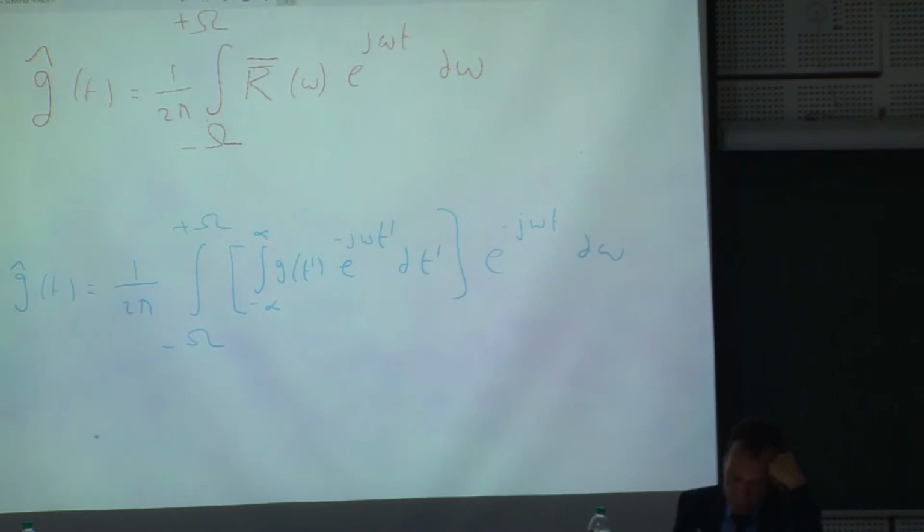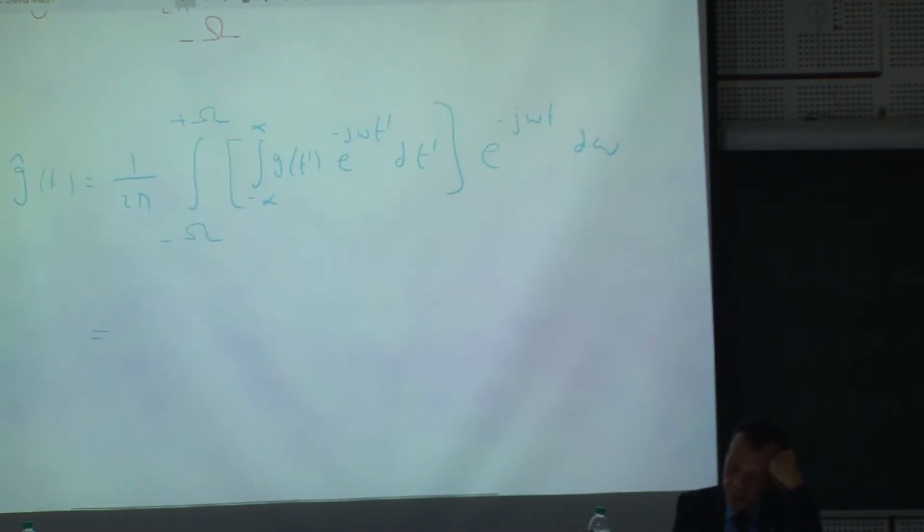Now you may exchange the two integrals, because you have now two integrals. You can say, okay, I'm actually integrating from minus infinity to infinity t dash, g of t dash, and I have here this form, 1 over twice pi integral from minus omega to plus omega of once e to the minus j omega t, this was plus, sorry.